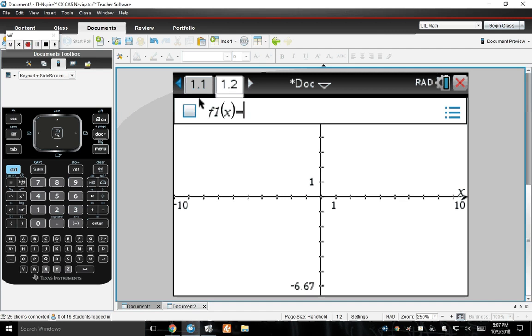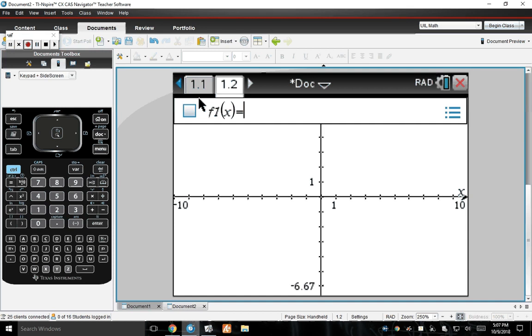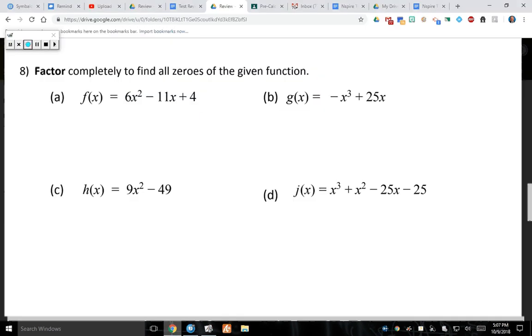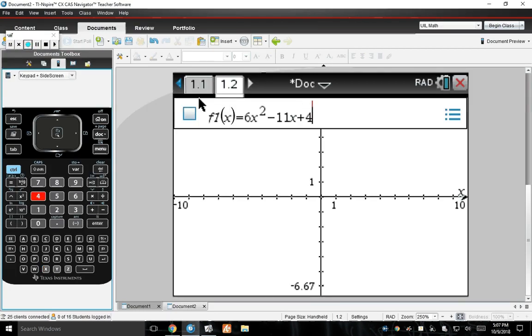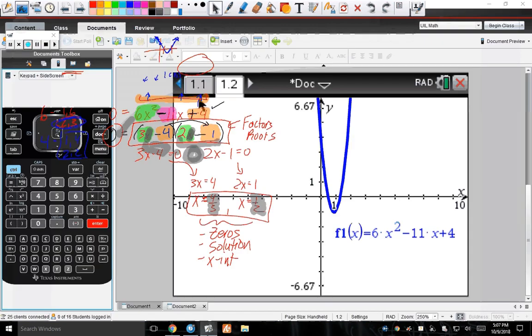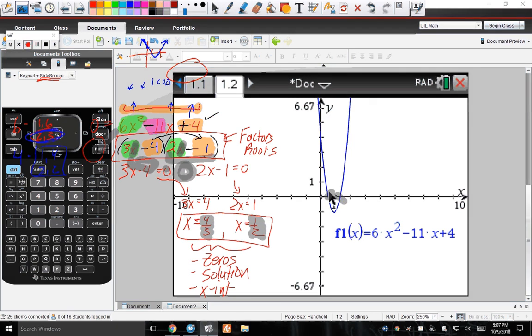And then I'm just going to go ahead and put the polynomial, 6x squared minus 11x, and then it's going to be added with 4. Okay? And what I'm looking for are, in fact, these x-intercepts that we see right here and right here. So if we find those x-intercepts of when it equals 0, we should get these values here. Okay? So let's go ahead and do that.